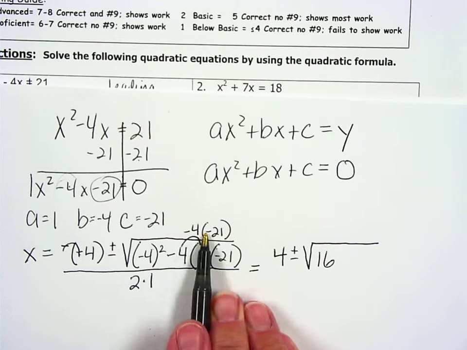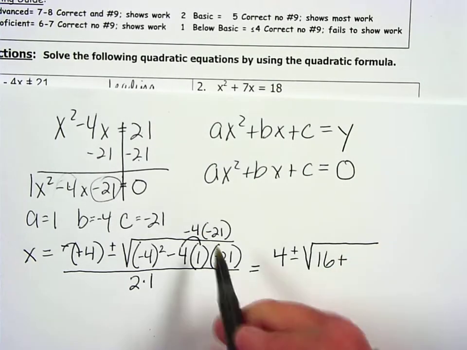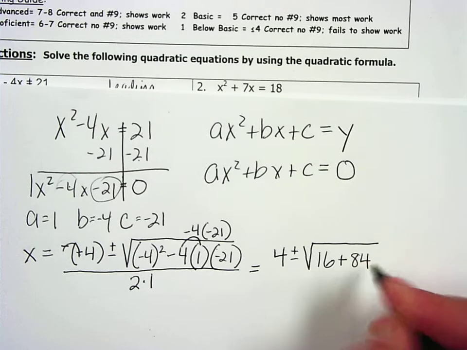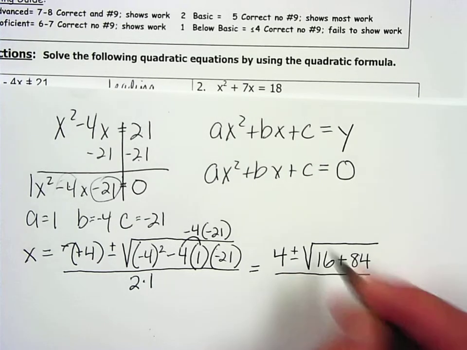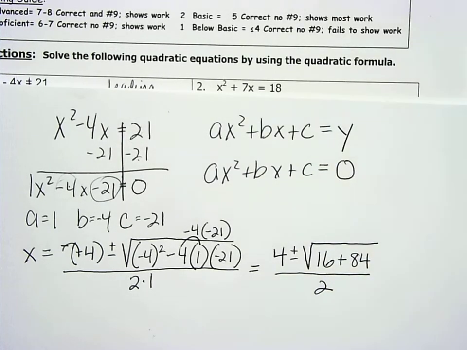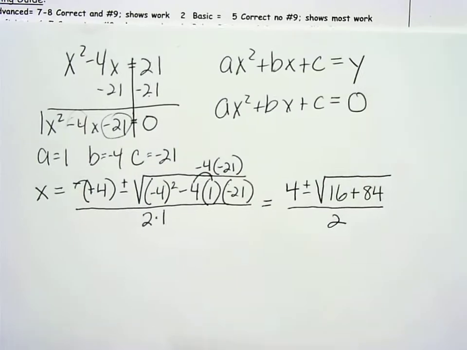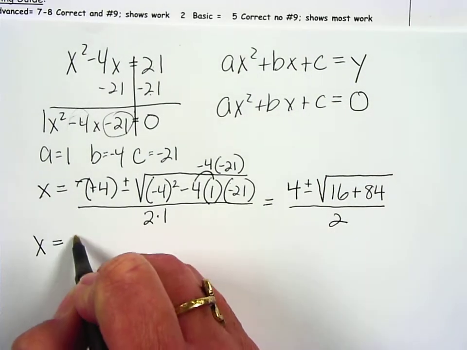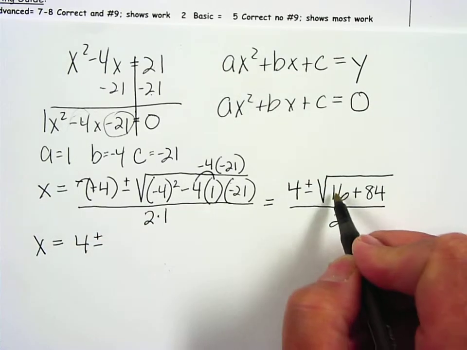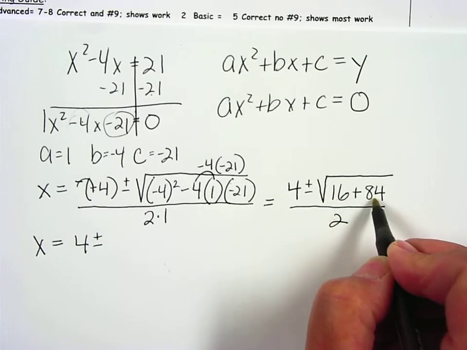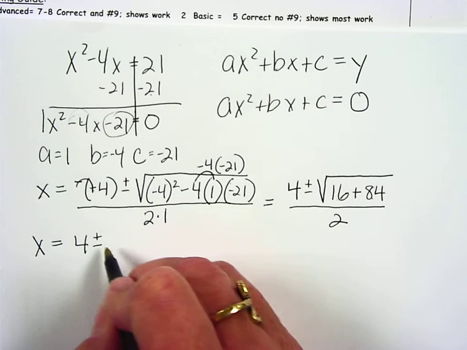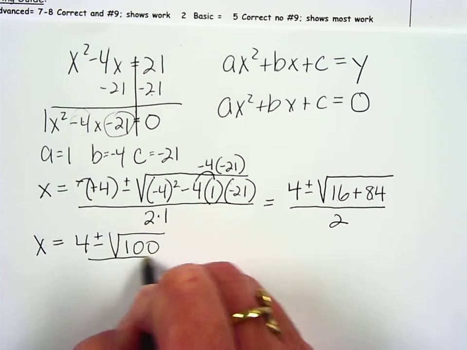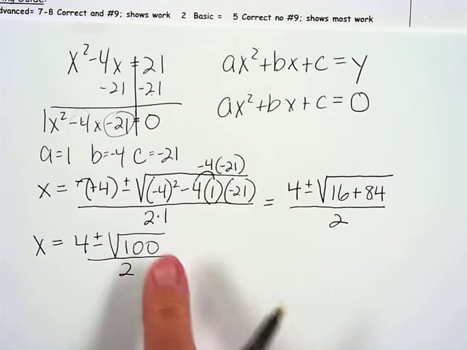A negative times a negative is a positive, and 4 times 21 is 84. And that's all over 2 times 1, which is 2. Okay, so we're still x equals 4 plus or minus the square root. Well, 16 plus 84 is 100, all over 2.